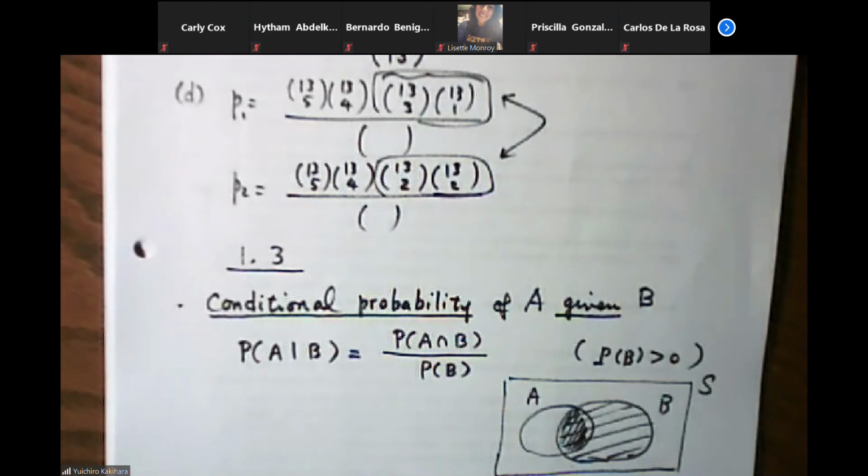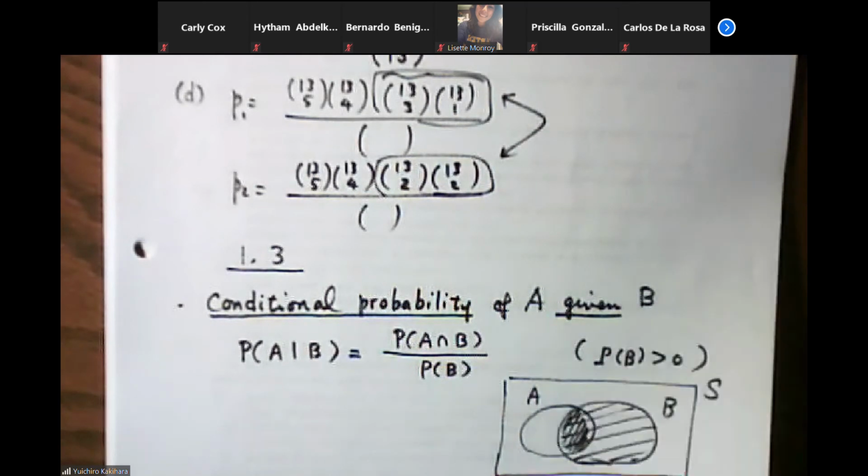And then you have some properties of conditional probability. So now the next step is, using conditional probability, we can have a multiplicative rule.